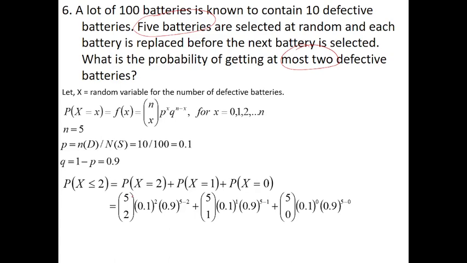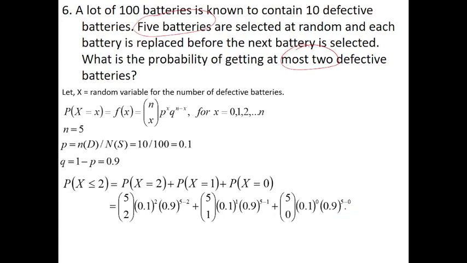Okay, for x equals 2, this is our solution: the combination of 5 taken 2 at a time times 0.1 squared times 0.9 raised to 5 minus 2, plus the combination of 5 taken 1 at a time times 0.1 times 0.9 raised to 4, plus the combination of 5 taken 0 at a time times 0.1 to the 0 times 0.9 to the 5.